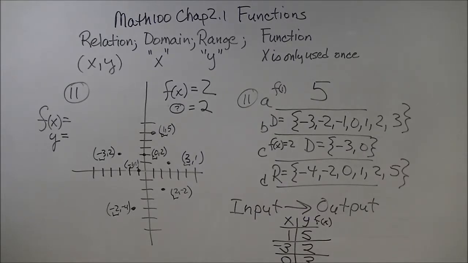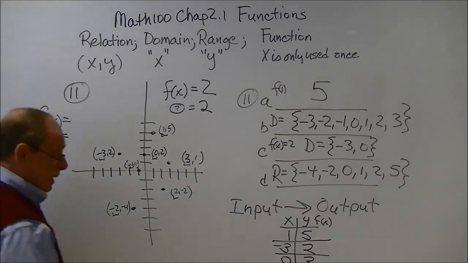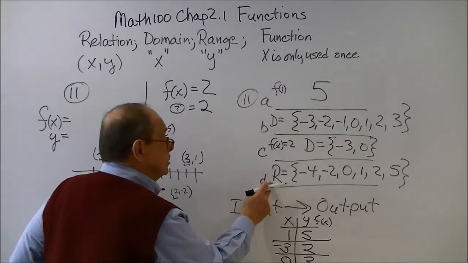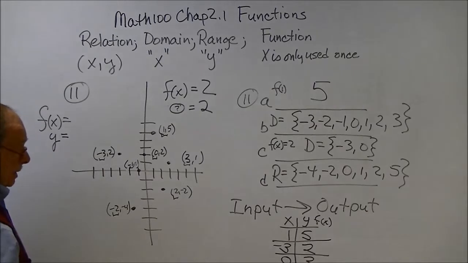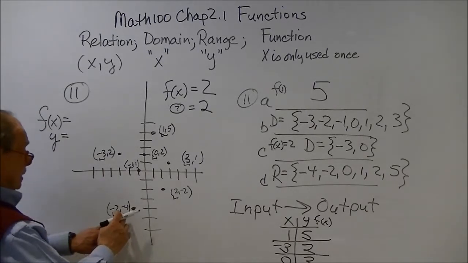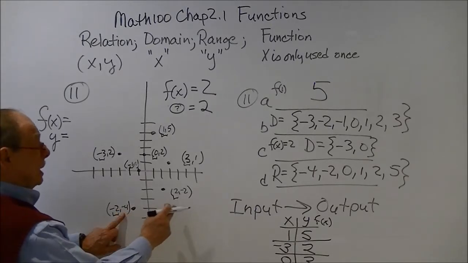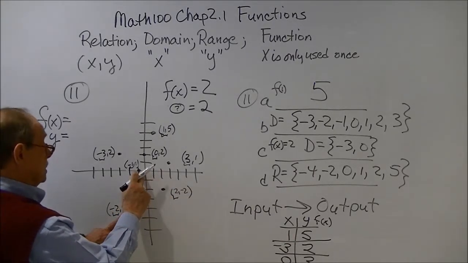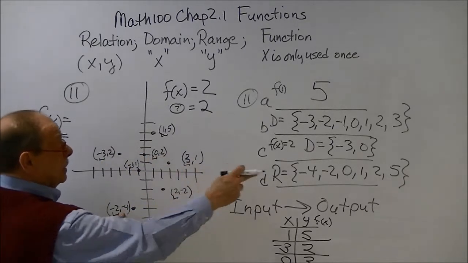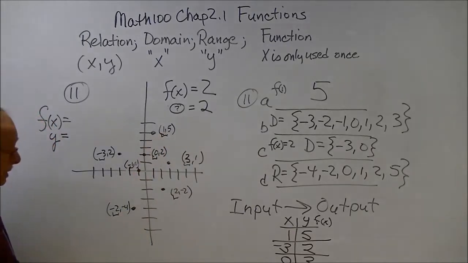And then the last part is a little easy. They want the range of the values on this graph. So what do you do? Well, you just start listing the ranges. Here's a -4, a -2, a 0, a 2, a 1 in there first, and then a 5.